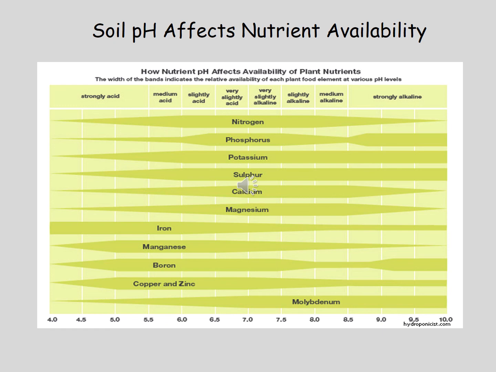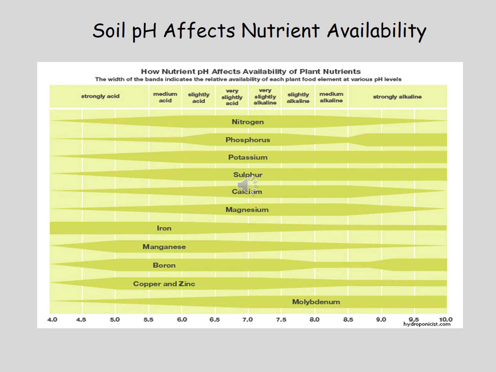You've got the top 6 macronutrients right on top, and the thickness of that green wedge shows you its availability. Right at pH 7, nitrogen, phosphorus, potassium, sulfur, calcium, and magnesium are all pretty much at their maximum availability.